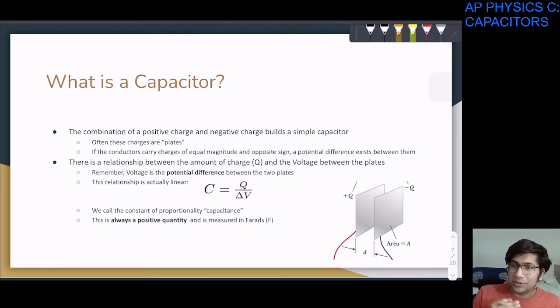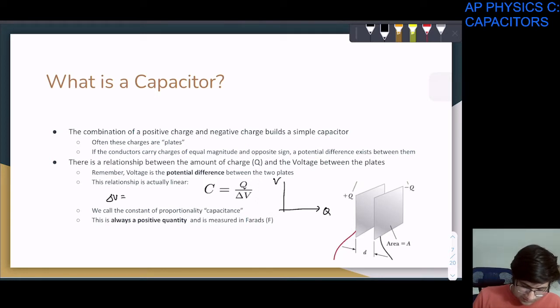So you see this linear relationship. And you can plot Q and you can plot V, and you can see here it's saying that delta V is equal to Q divided by C. And another way of writing this is Q is equal to C delta V.